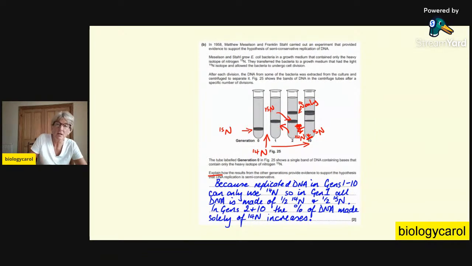Oh, sorry, no, I've done that wrong, haven't I? Yeah, sorry, I was right first time. This band here is the DNA made up of 14N and 15N. The important thing here is that all the DNA is... In generations 2 and 10, the percentage of DNA made solely of 14N increases.